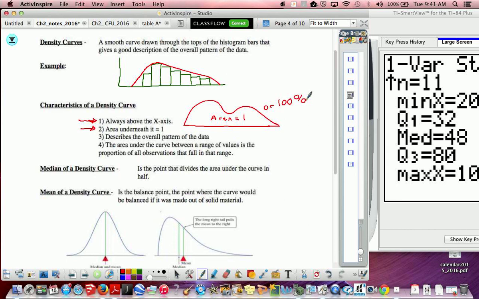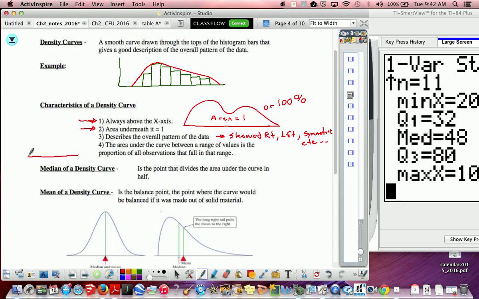The other 2 pieces are basically how we use it. It describes the overall pattern of the data, so it helps tell us if it's skewed right, left, symmetric, etc. And then the last part is how we start to use it even more in this course, and that is the area under the curve between a range of values is the proportion of all observations that fall in that range.